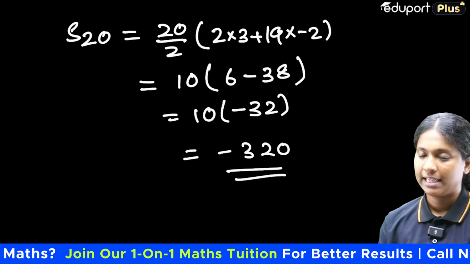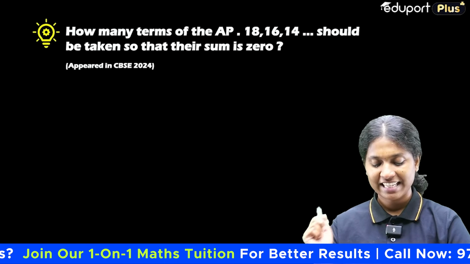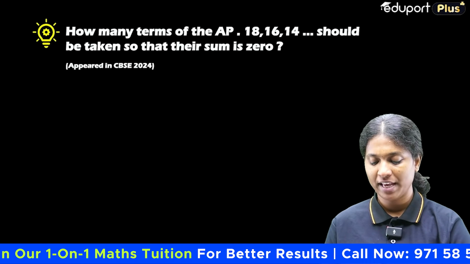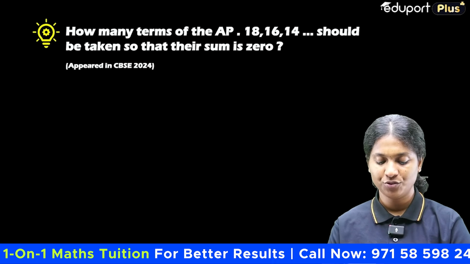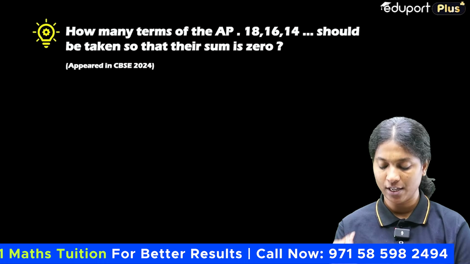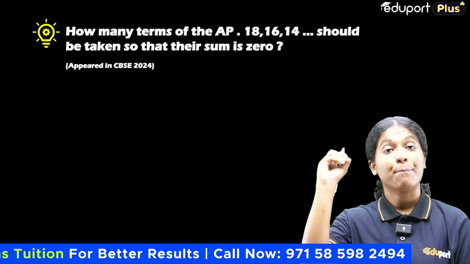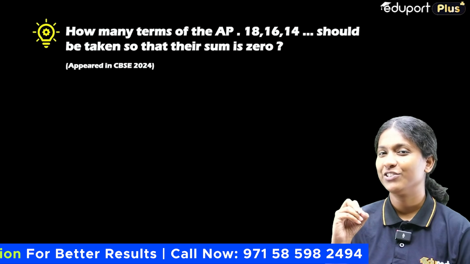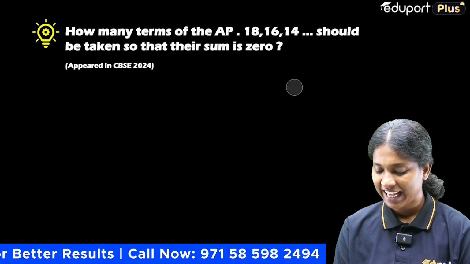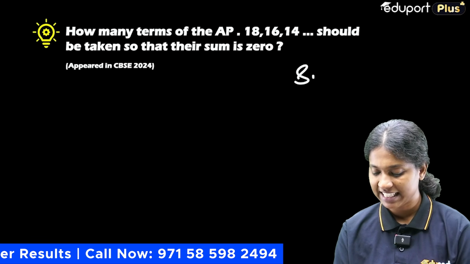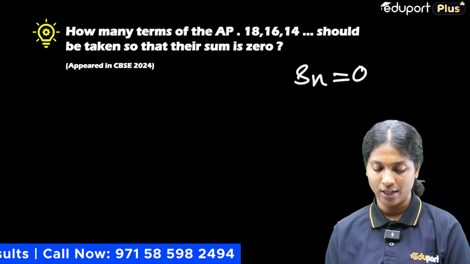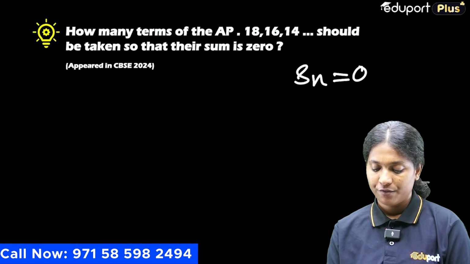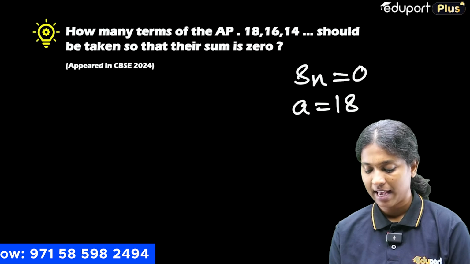Now the next question is: how many terms of the AP 18, 16, 14 should be taken so that their sum is 0? This question appeared in CBSE 2024 recently, so it is important. We are given Sn is equal to 0, the sum of n terms is 0, and the first term is 18 from the AP.